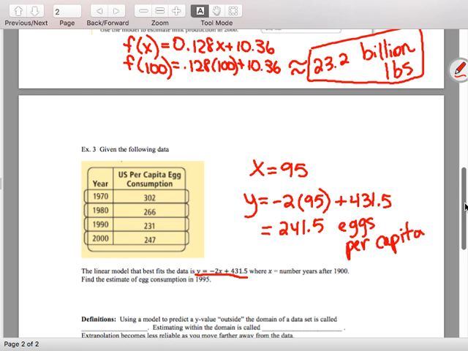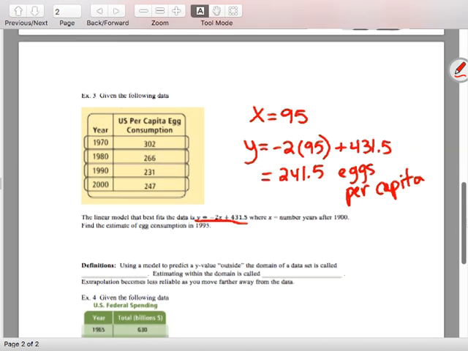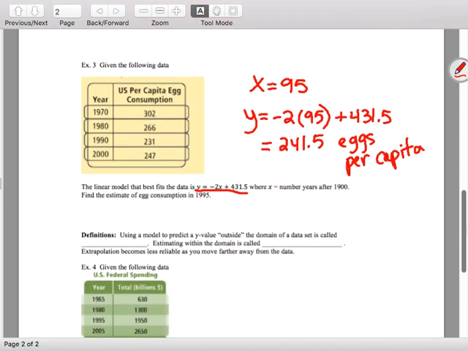Okay? All right, now we've got a definition here, and it says, using a model to predict a y value outside the domain is called extrapolation.